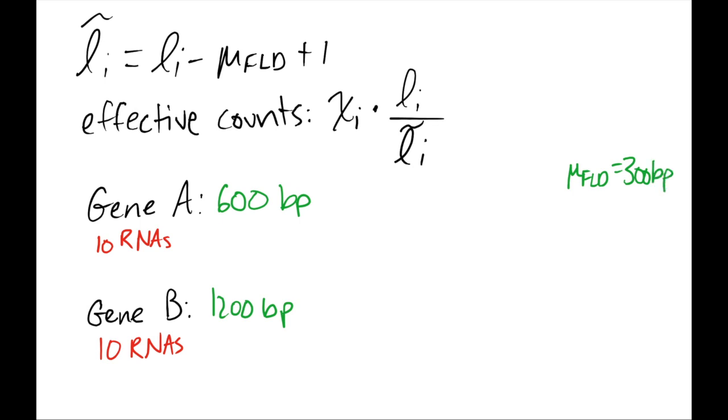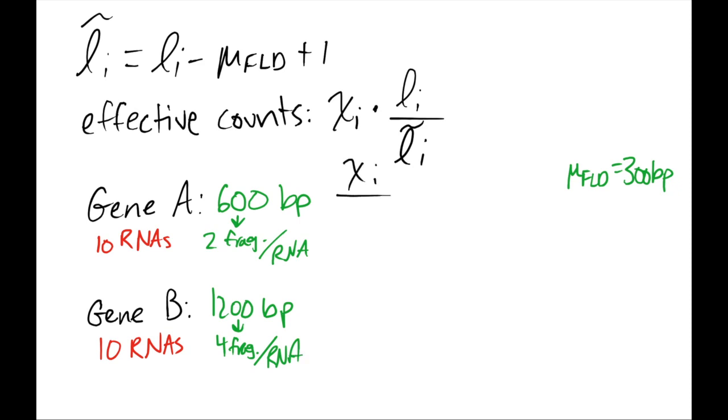So since it's 300 base pairs, we can assume that the 600 base pair gene A will split into 2 fragments per RNA on average, and that gene B will split up into 4 fragments per RNA. And so now we're able to calculate the simple counts.